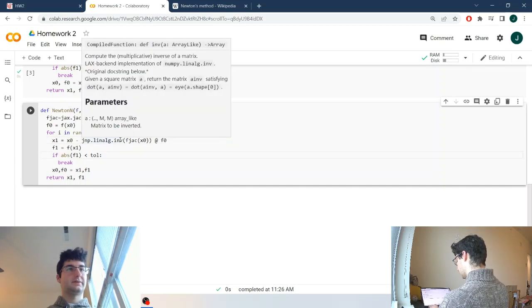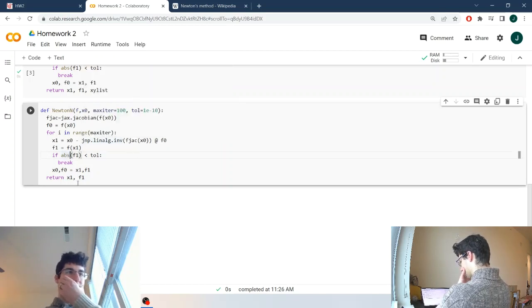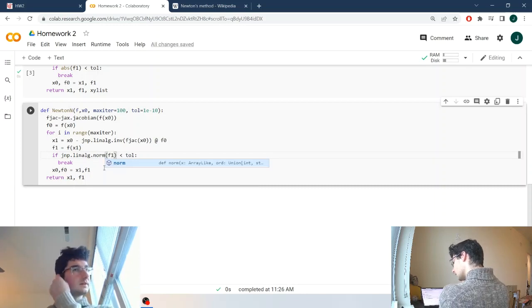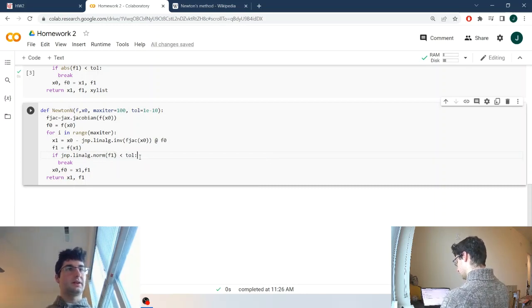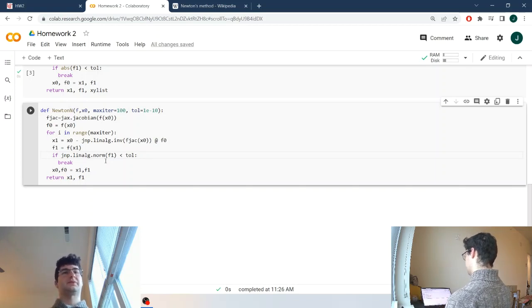Let's see if I got that right. Aha. And since we're looking at a matrix of our system of equations, we actually have to take the norm of it instead of just the absolute value like we could if it was one-dimensional.